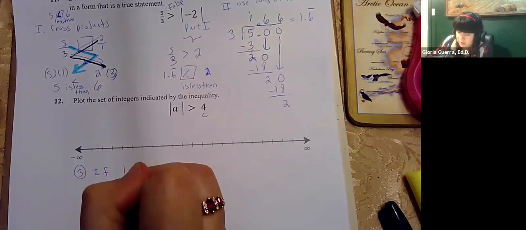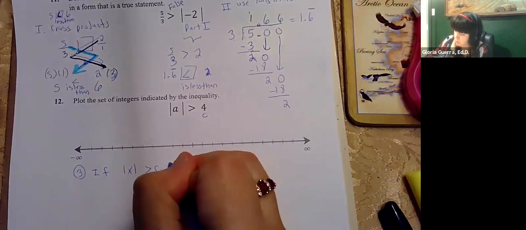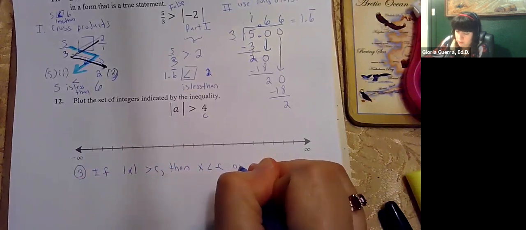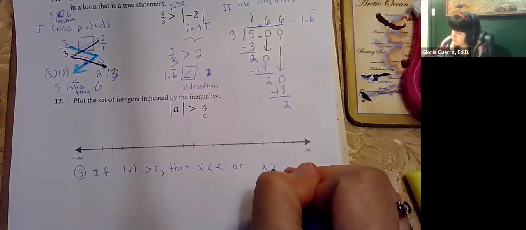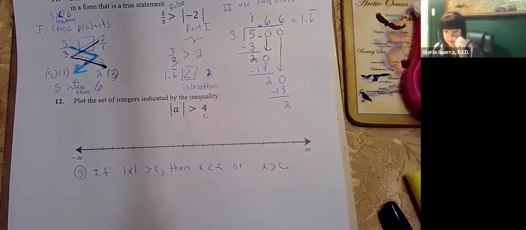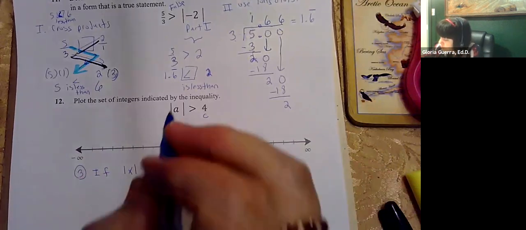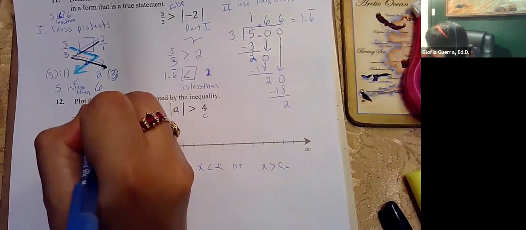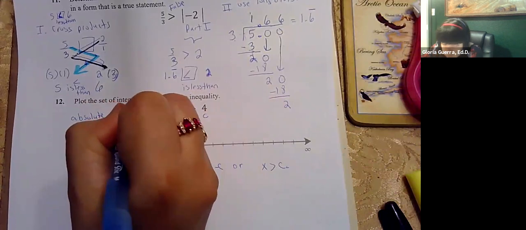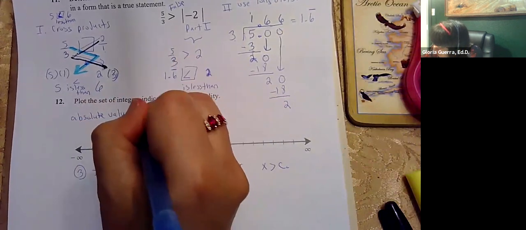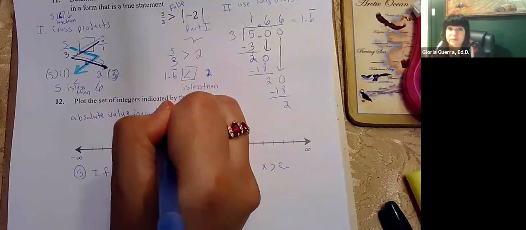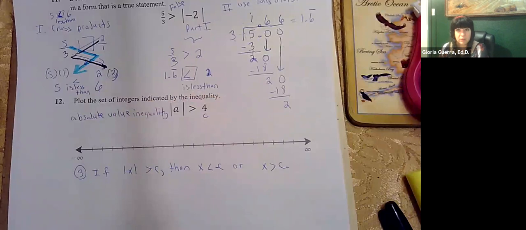If absolute value of X is greater than C, then X is less than negative C or X is greater than C. And these are absolute value inequalities.